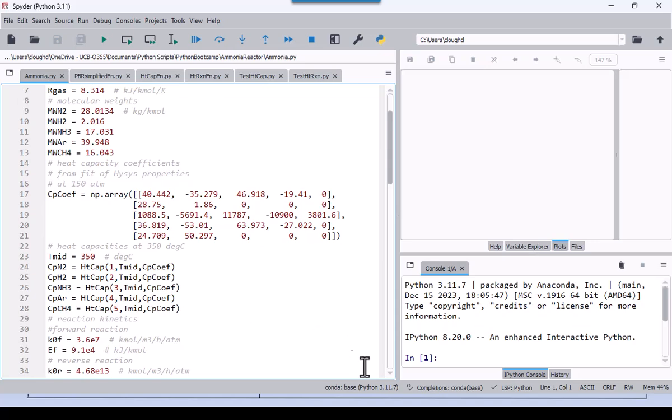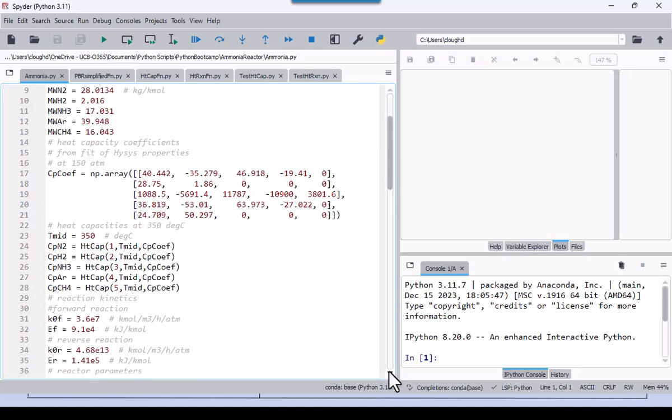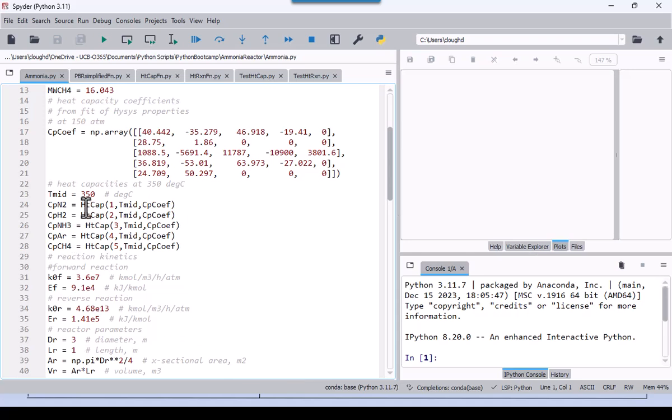So we come down here and, in order to estimate constant heat capacity, we pick somewhat of a mid-range temperature for the operation of this reaction, which is 350 Celsius.